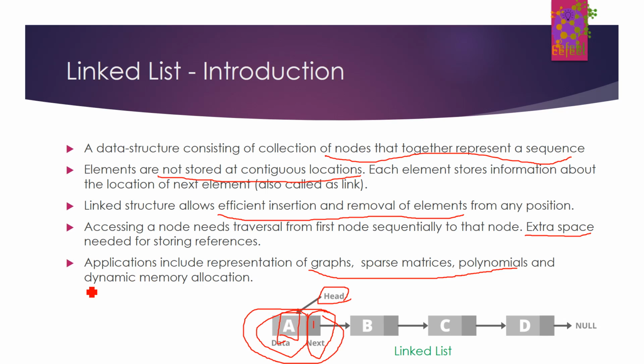Because the elements need not be stored in contiguous memory, we can slowly allocate memory based on need from any location wherever it's free, and then make our linked list by pointing each node to each other. That's why we see it in dynamic memory allocation.